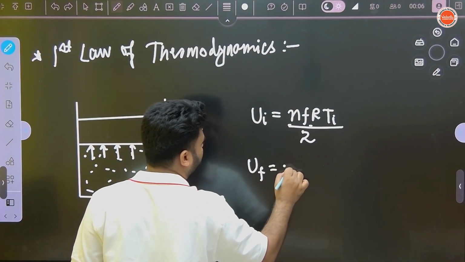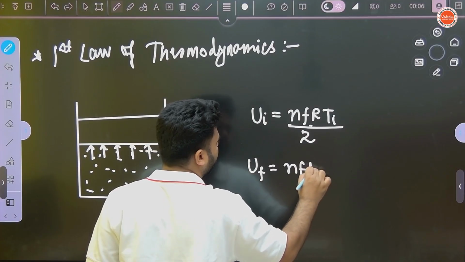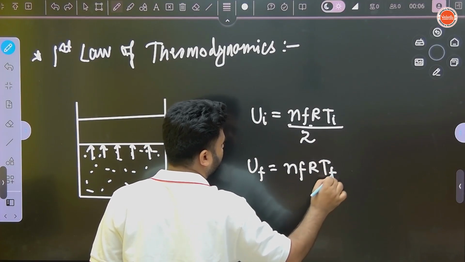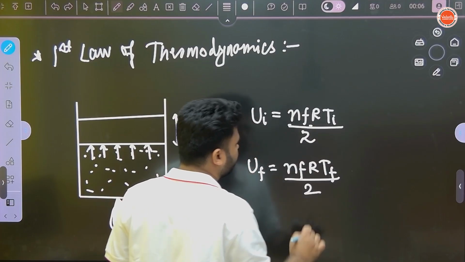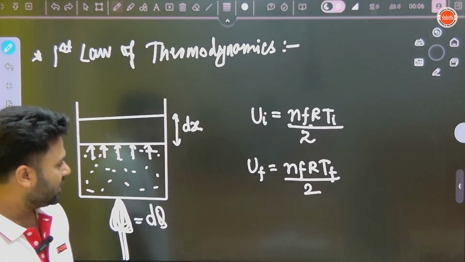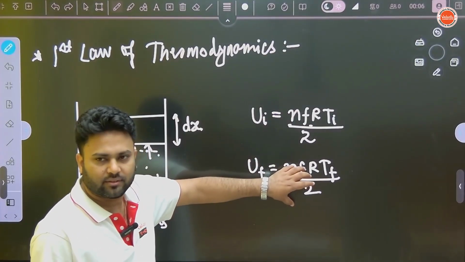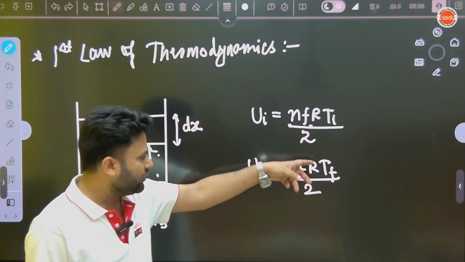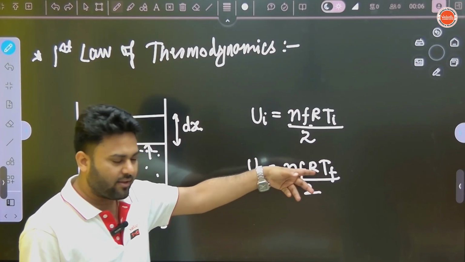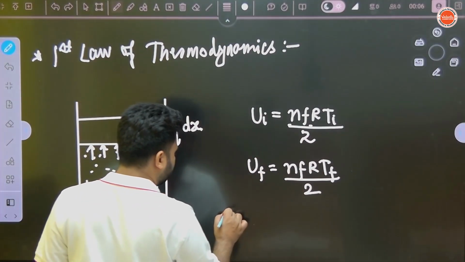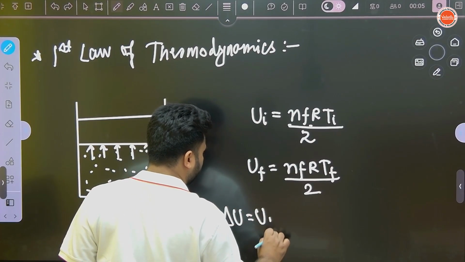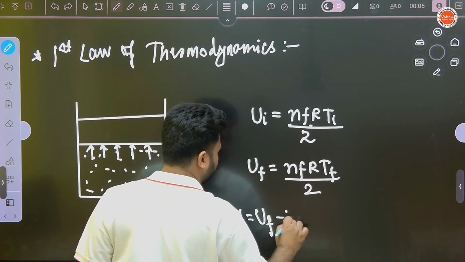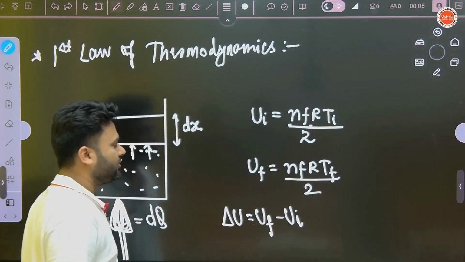So U final will be nFR T final, because it will get heated. Which is more, this or this? This is more, because now the temperature is high. Means delta U we are getting: delta U means final internal energy minus initial internal energy.